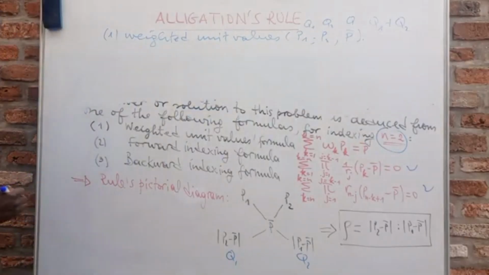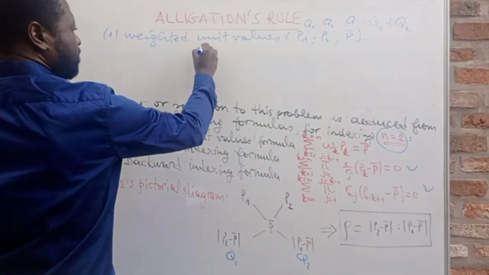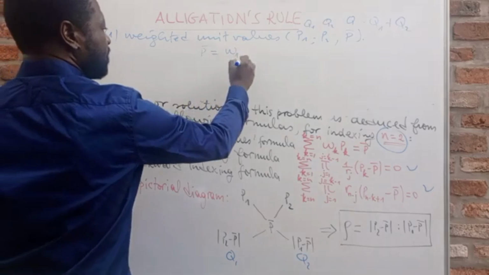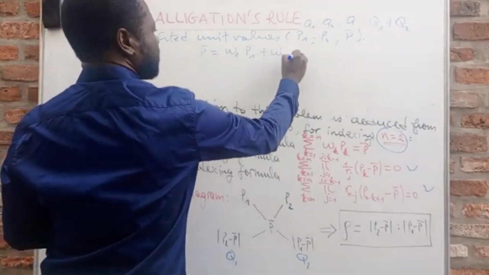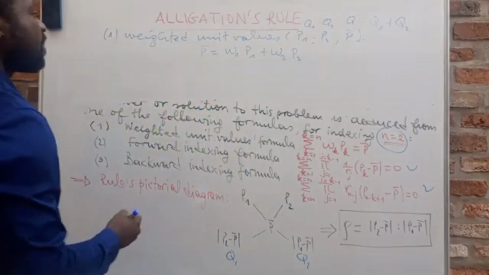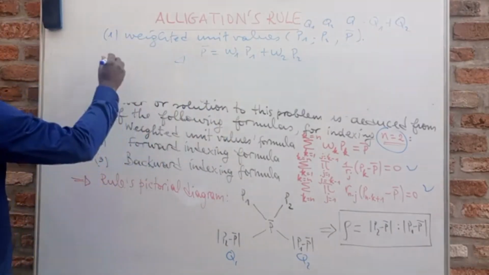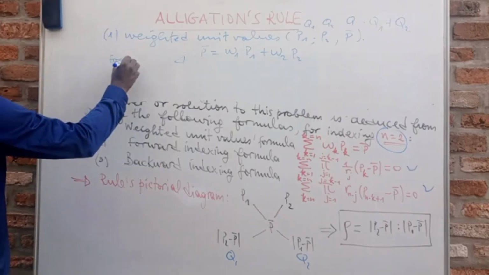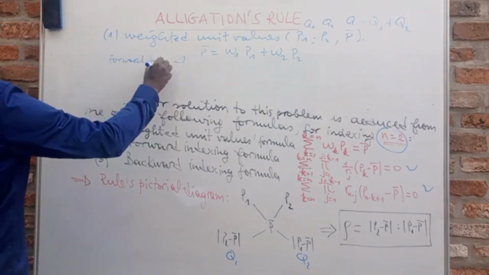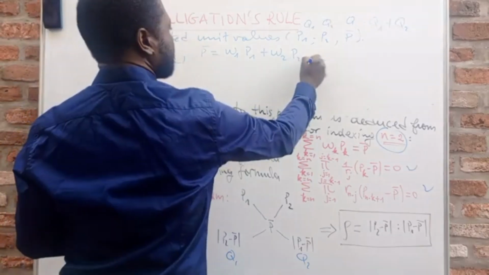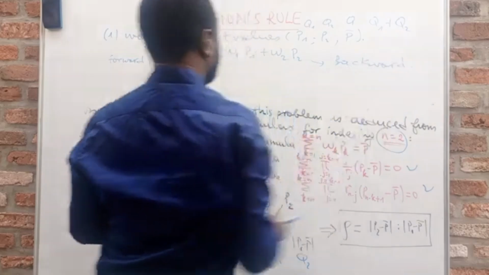Okay, so how does it work? Here the price is equal to the weighted mean value of P1 and P2. In this case, we can either use the forward indexing method, or we can use the backward indexing method.